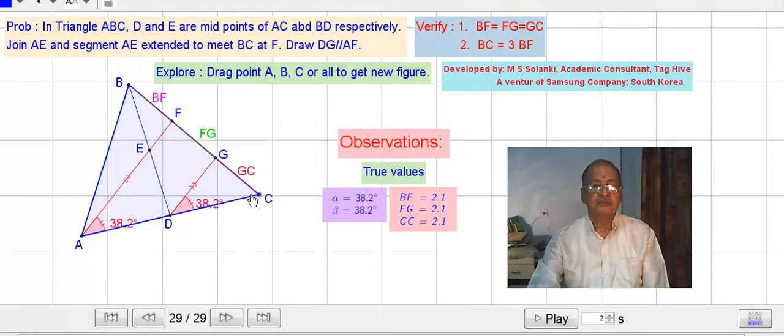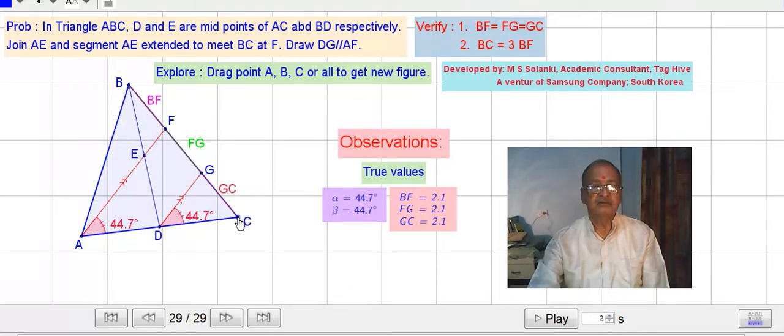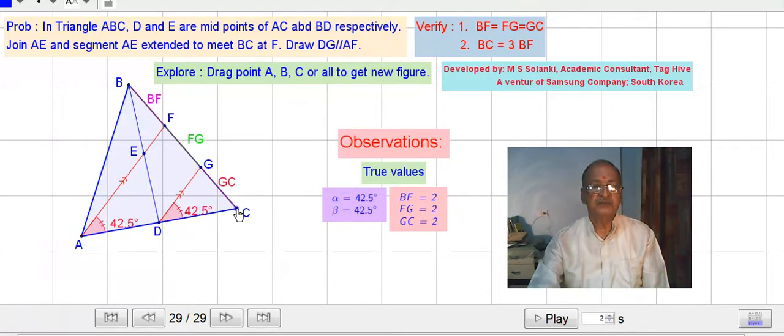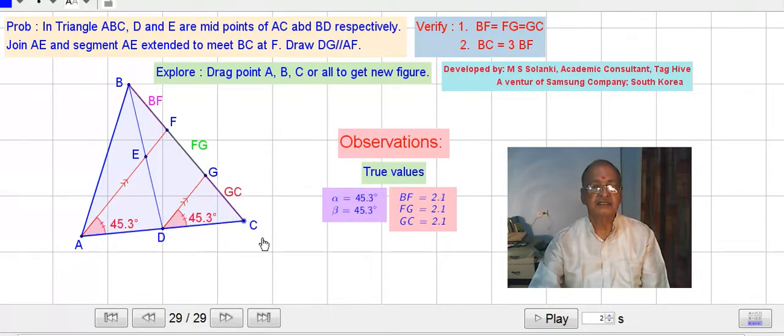Now third value I am trying to change. At this stage, alpha and beta 42 degree each, 42.5 degree each, and BF, FG and GC 2 unit each. So this is the third reading.